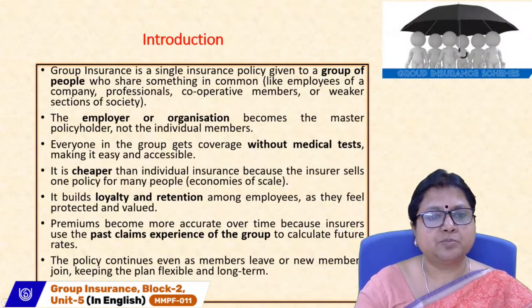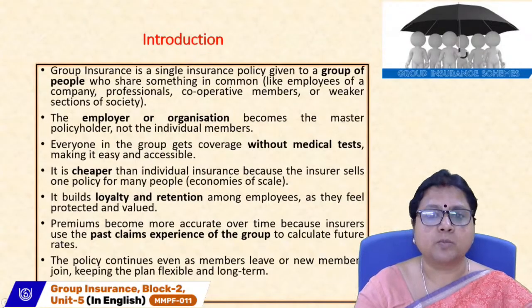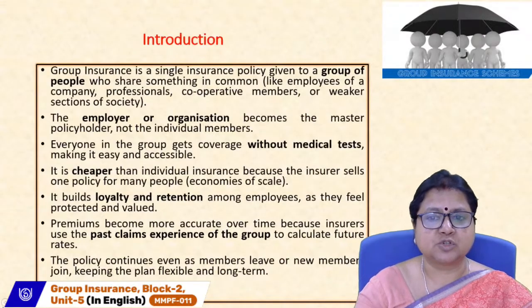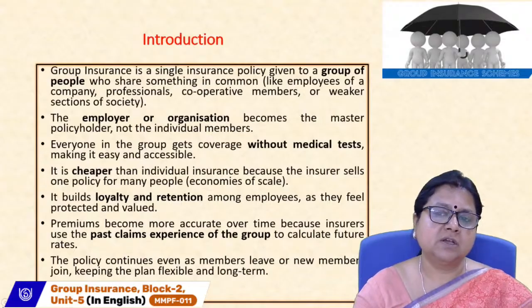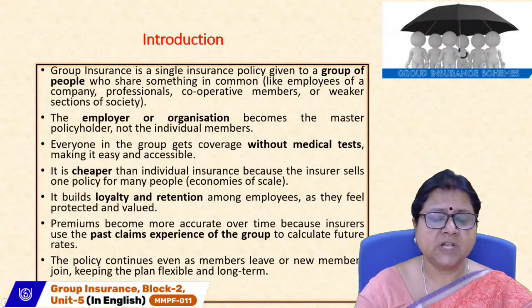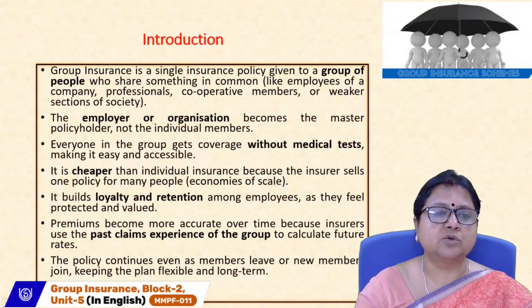So each person in that particular group should share something in common, like the employees of a company, or the members of a cooperative society, or a few members of a society from the weaker sections.